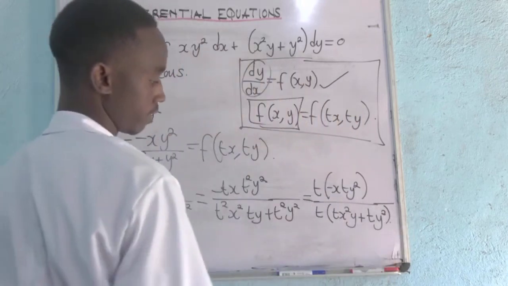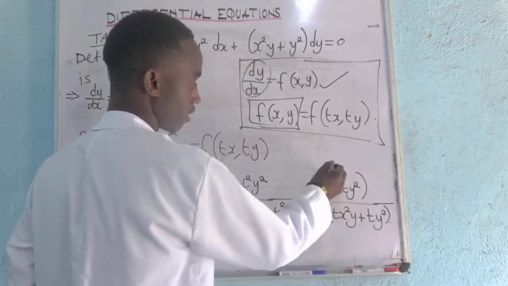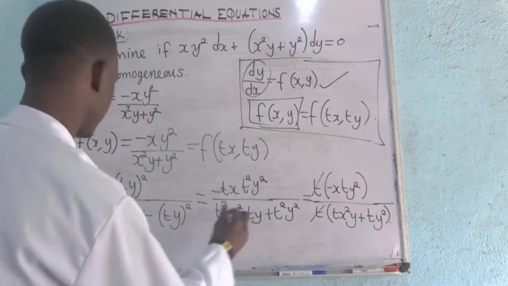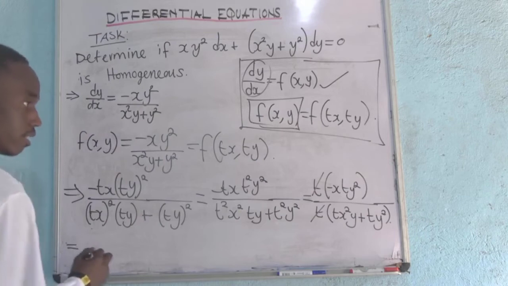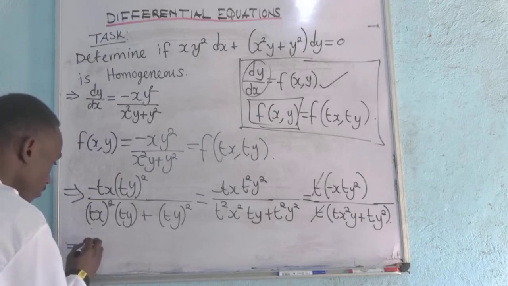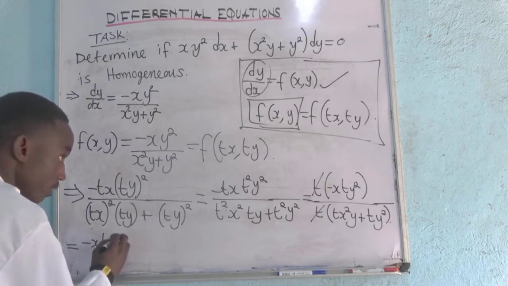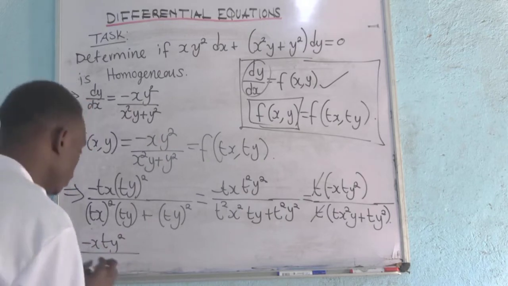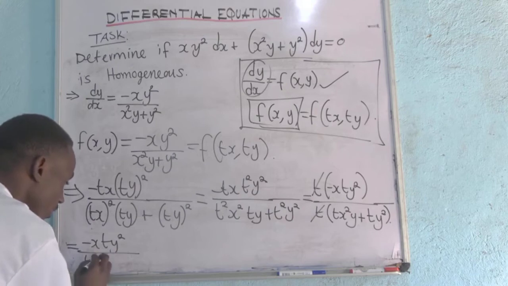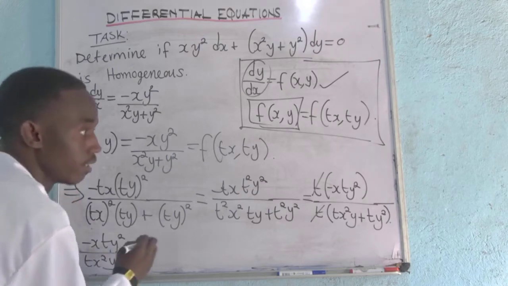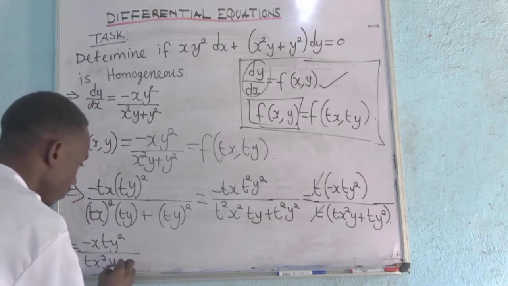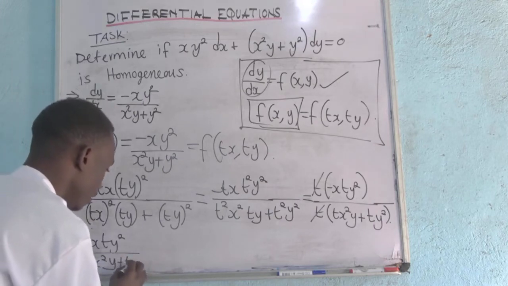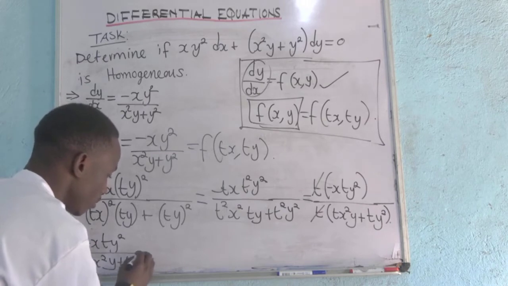Okay, so at this stage, this and that, they can cancel such that we are then going to have something like negative xt y squared divided by t x squared y plus t, then you have y squared.